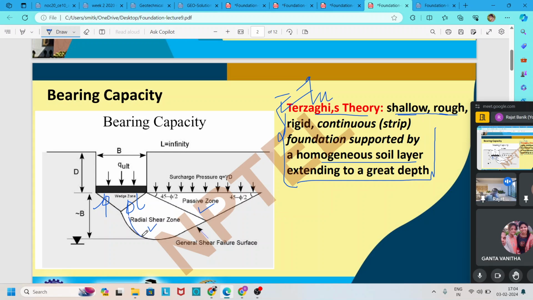This is radial shear zone. That means that this surface fails radially. That's why it is called radial shear zone. And here is applied surcharge. Surcharge means the weight of the soil above the foundation.